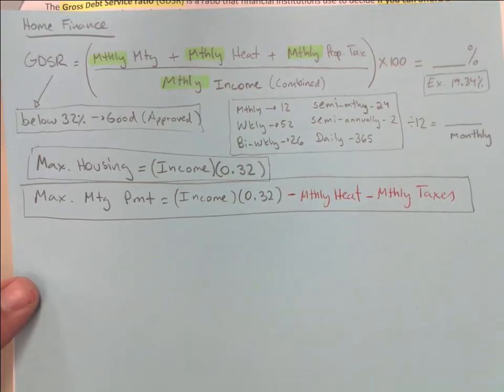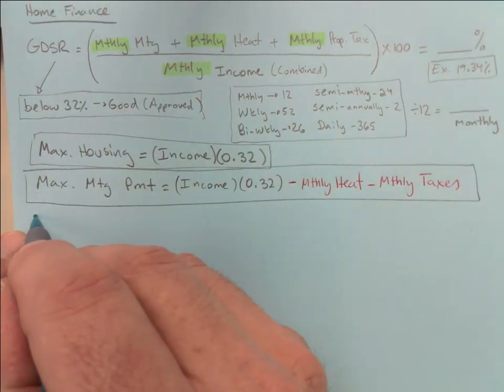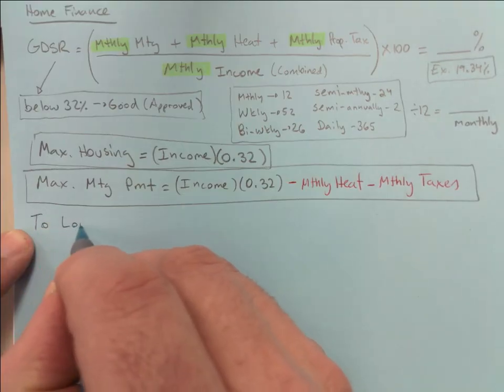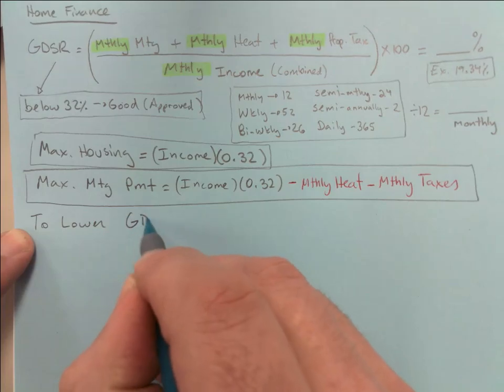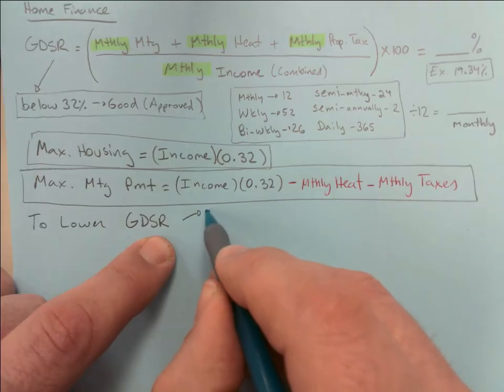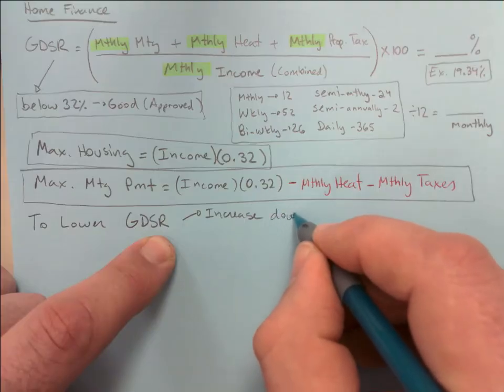Oh yeah, there's one more thing I need to add. To lower GDSR, you can increase down payment.